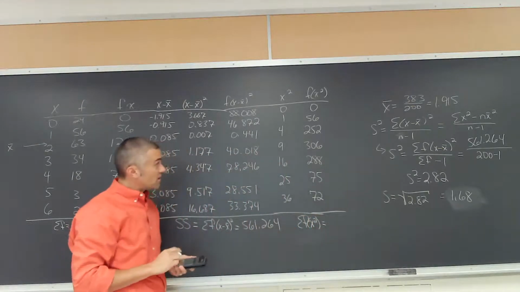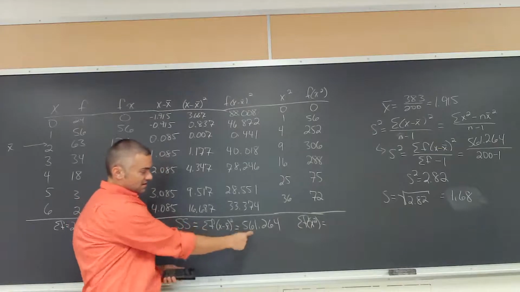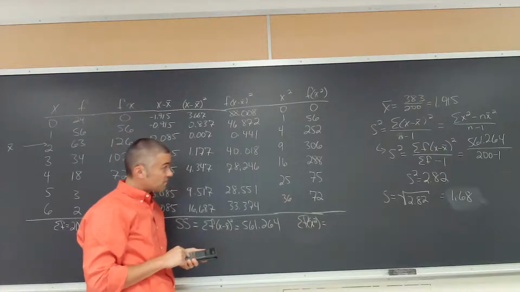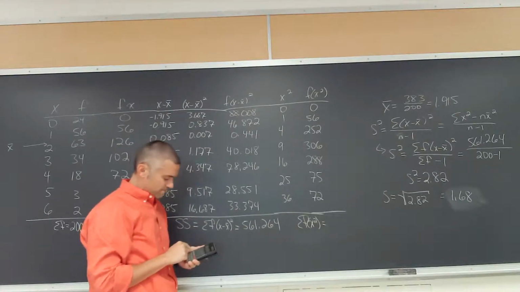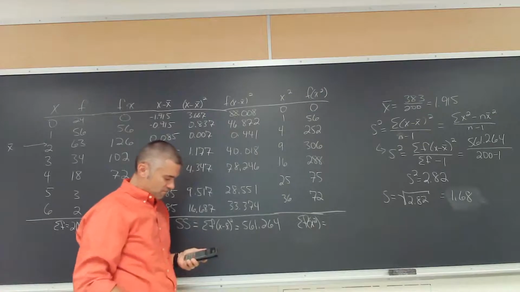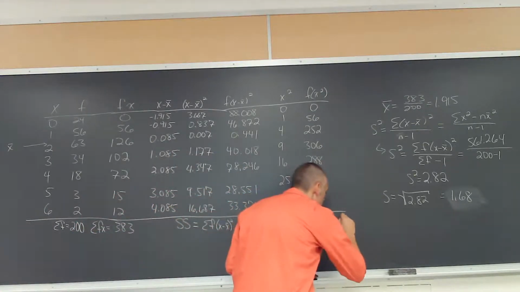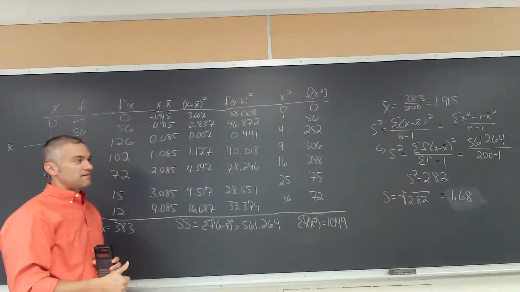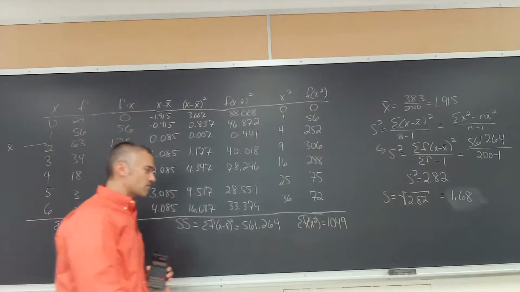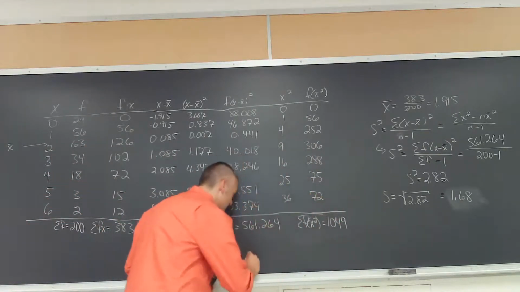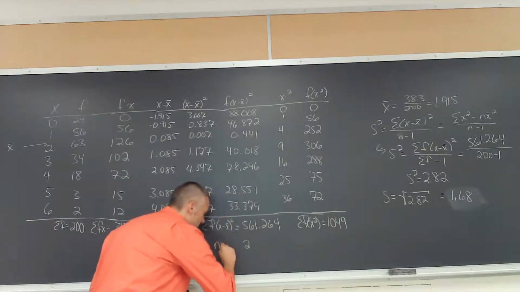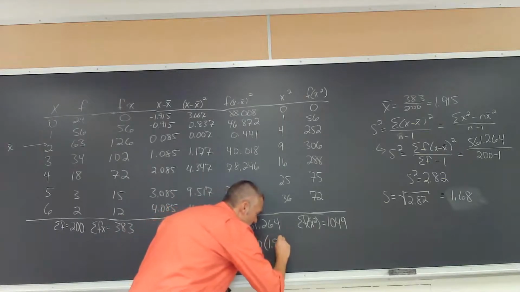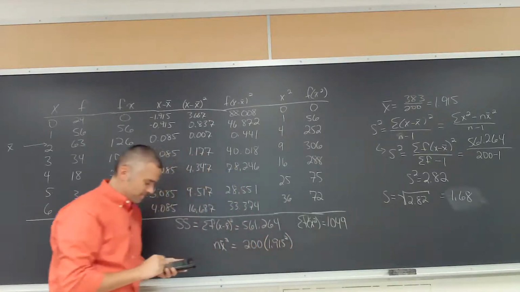All right, and we will get a number that is a little bit larger than that. 1040. We also need our n times x bar squared. So our n is 200. 200 times our average. We're going to square that.